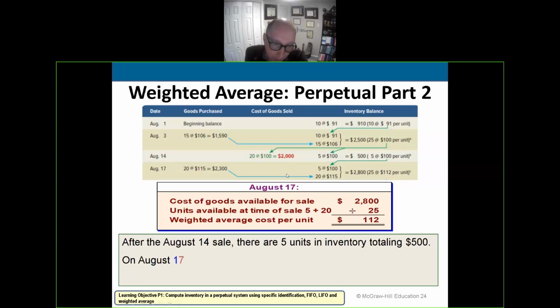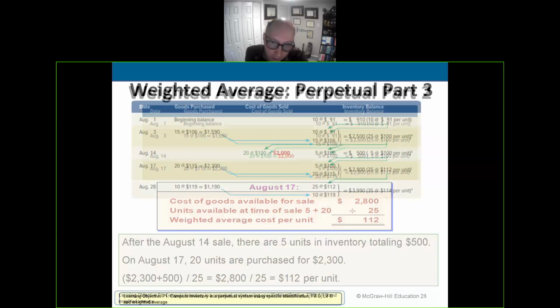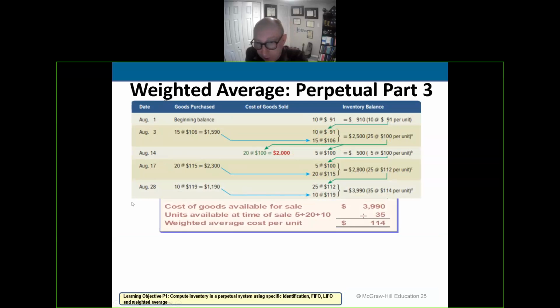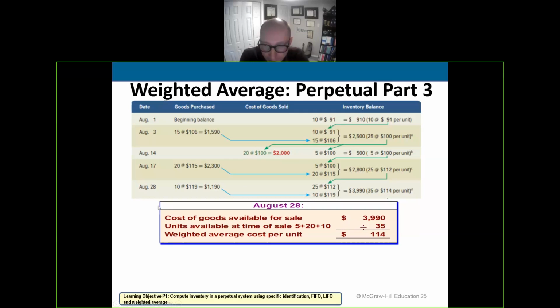So when I make my sale, then I got the next purchase, right? So $112 per bike, 25 bikes. I bought 10 more at 119, which brings me to inventory balance of $3,990. I take that amount and divide that by the 35 bikes I have available for sale on August 28th.